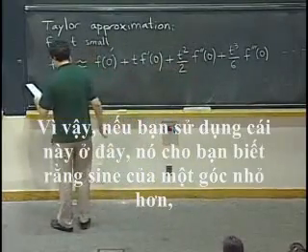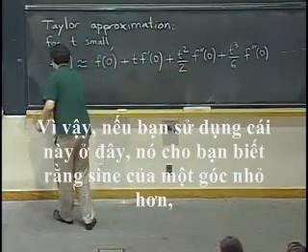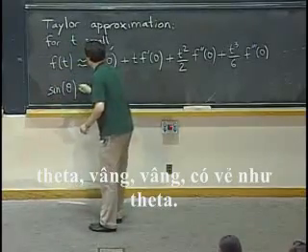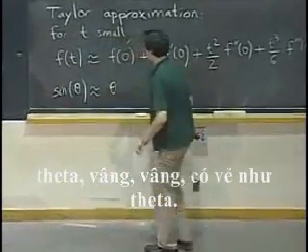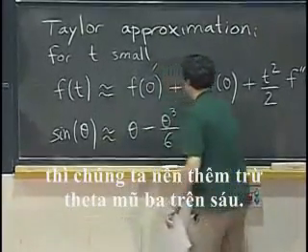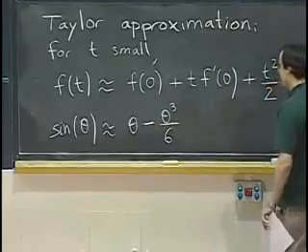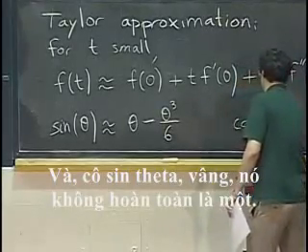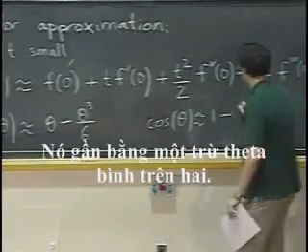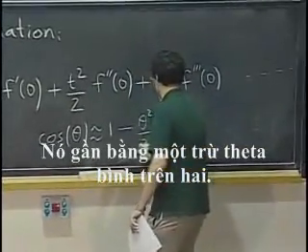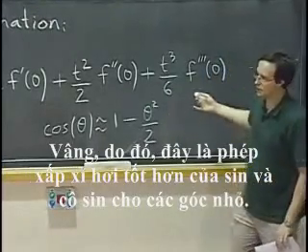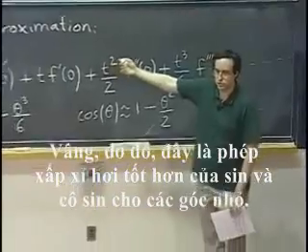If you use this here, it tells you that sine of a small angle theta looks like theta, but if we want to be more precise, then we should add minus theta cubed over 6. And cosine of theta is not quite 1, it's close to 1 minus theta squared over 2. So these are slightly better approximations of sine and cosine for small angles.